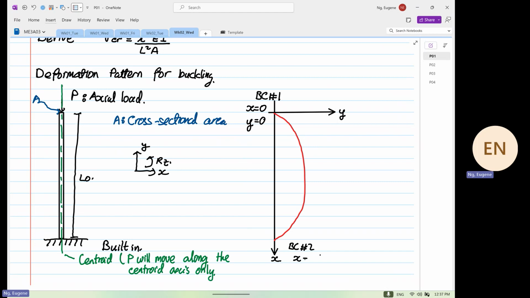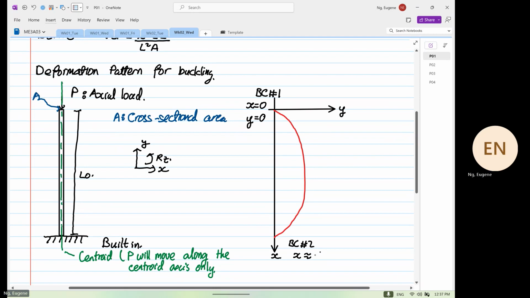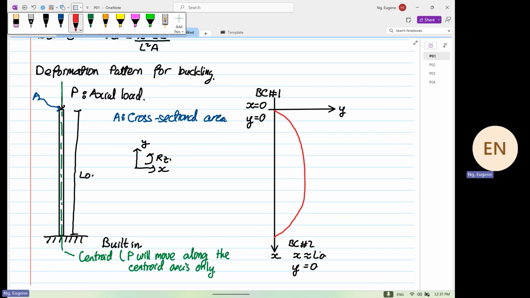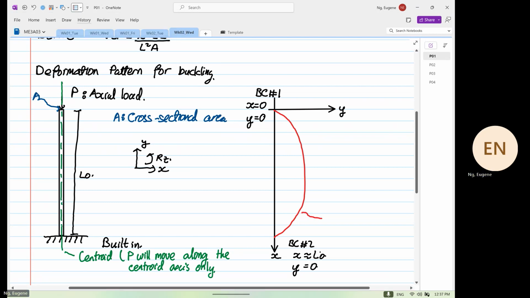When x is approximately equal to L, y is equal to 0. What you see over here is our deformation pattern.